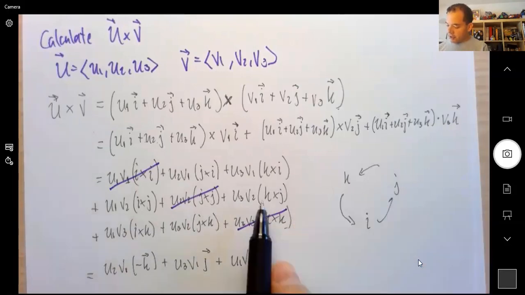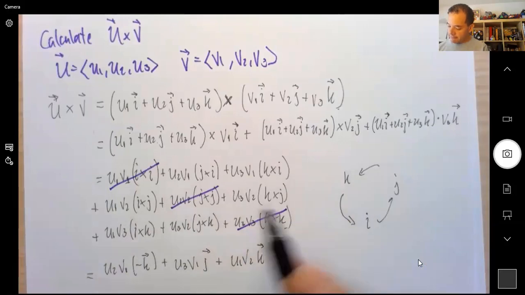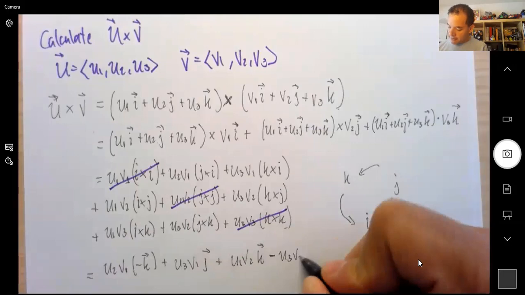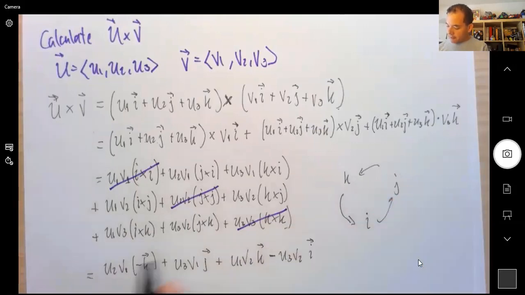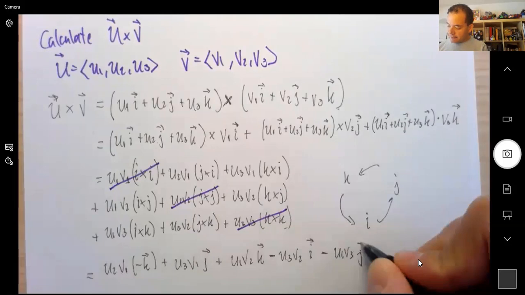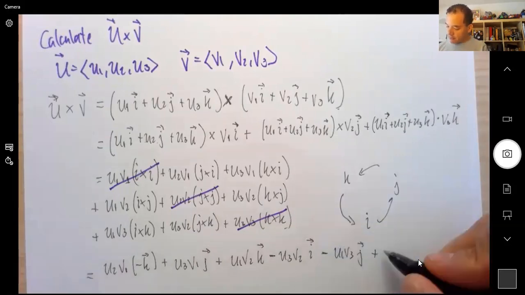Then K cross J goes in the opposite direction, so it's negative I. Then I cross K also in the negative direction, so it's negative J. And last, J cross K, which is I, so that's U3 V2 I.